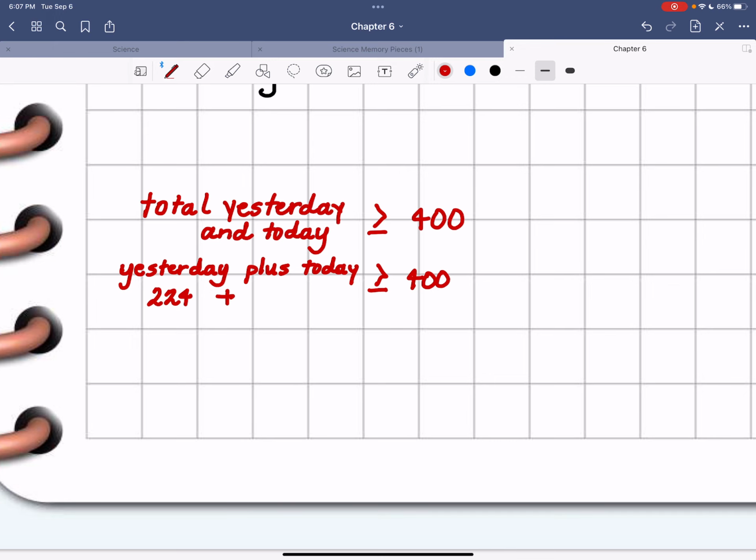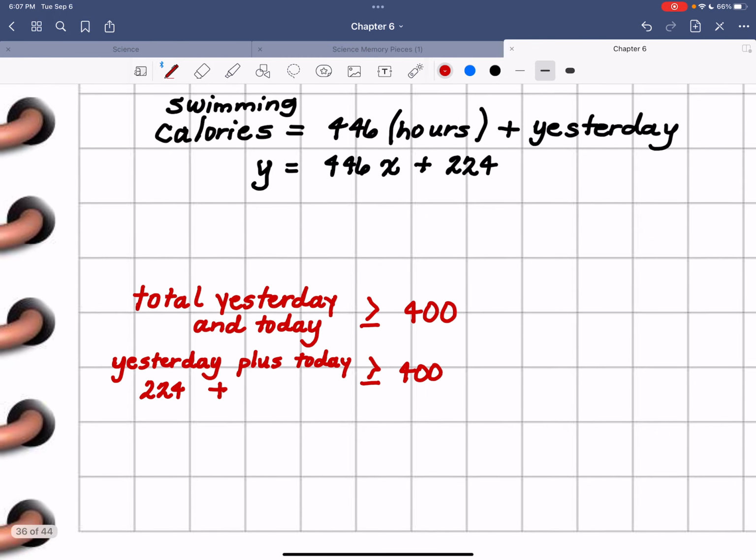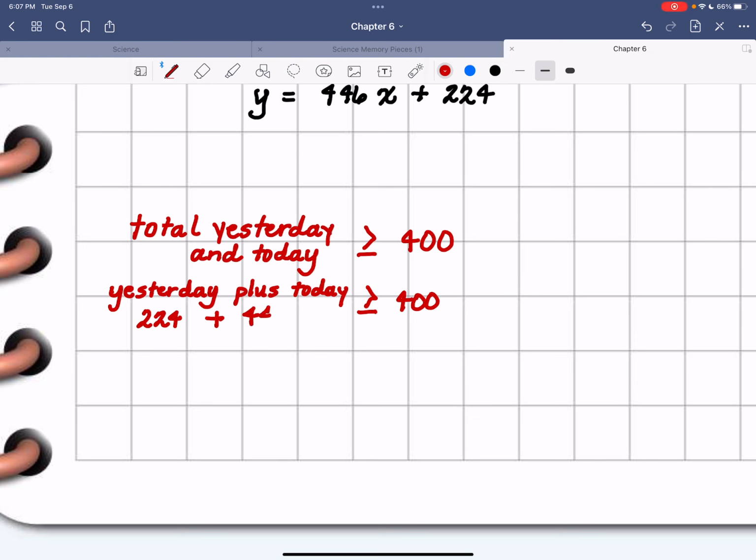But I know if he does it swimming, he's going to do 446 for every hour that he swims. So I'm going to solve this inequality by bringing the 224 over. We get 446x is greater than or equal to 400 minus 224 is 176, and divide by 446.